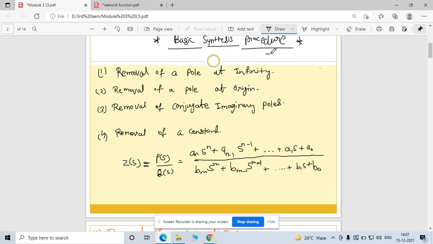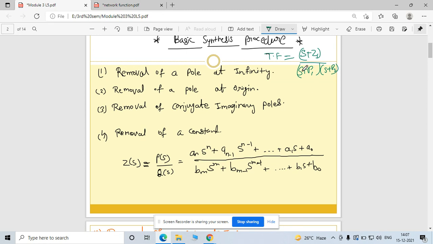in a transfer function, root locus starts from poles and terminates at zeros, right? So for example, s plus z1, where z1 is nothing but your zero. So there is one zero and two poles here, s plus p1 and s plus p2.